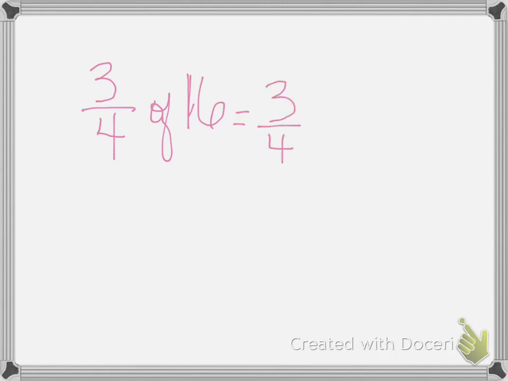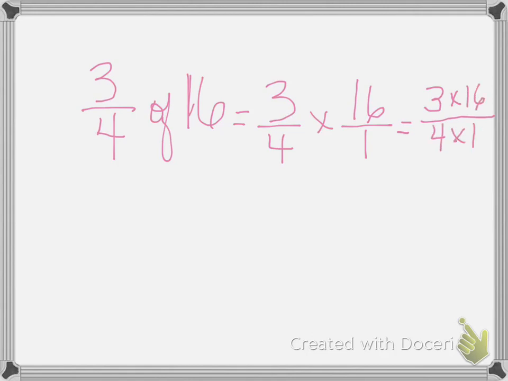Let's try 3/4 of 16. Again, I'm going to use that same thing and think 3/4 times 16 over 1. I break it down: 3 times 16 and 4 times 1.